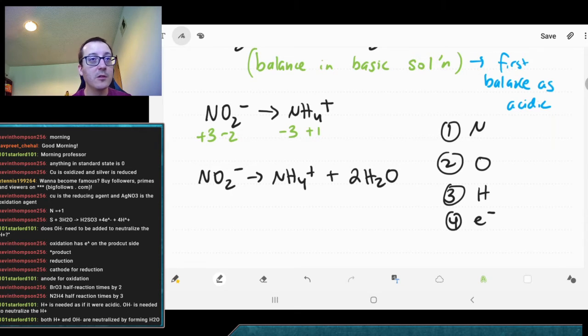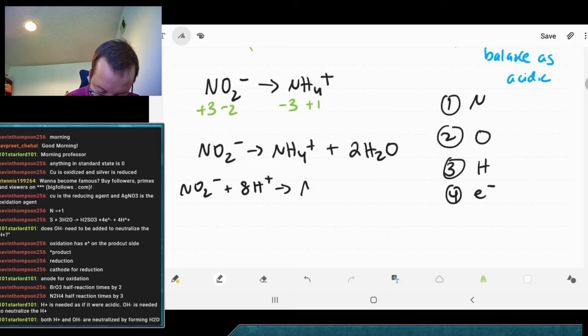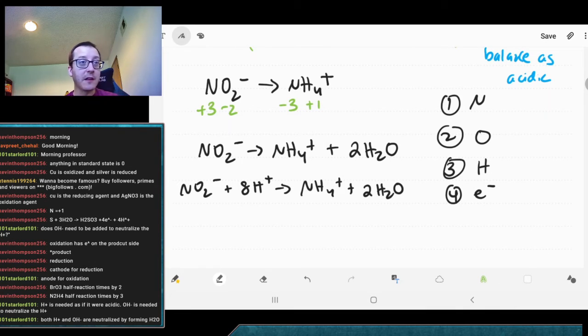Just like before. So second step now, we're going to balance hydrogens. We have 4 plus 4, 8 on the left. Or we're going to need 8 on the left, rather, because we have 8 on the right.